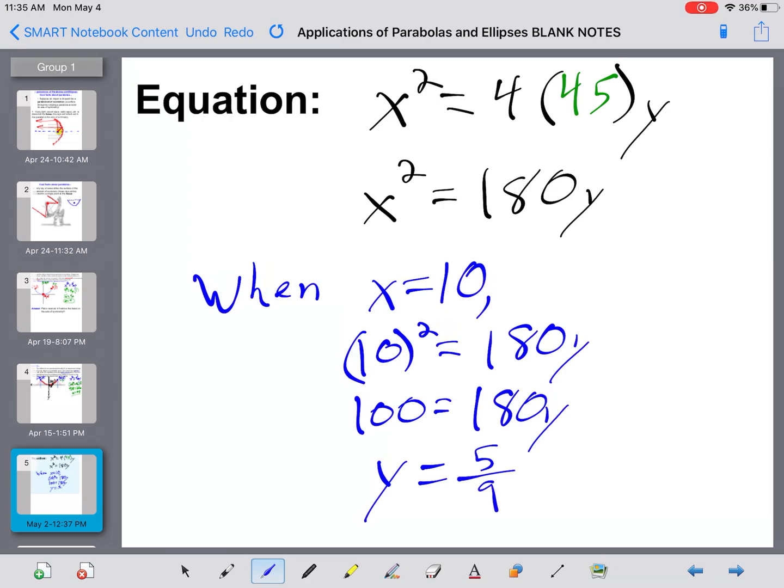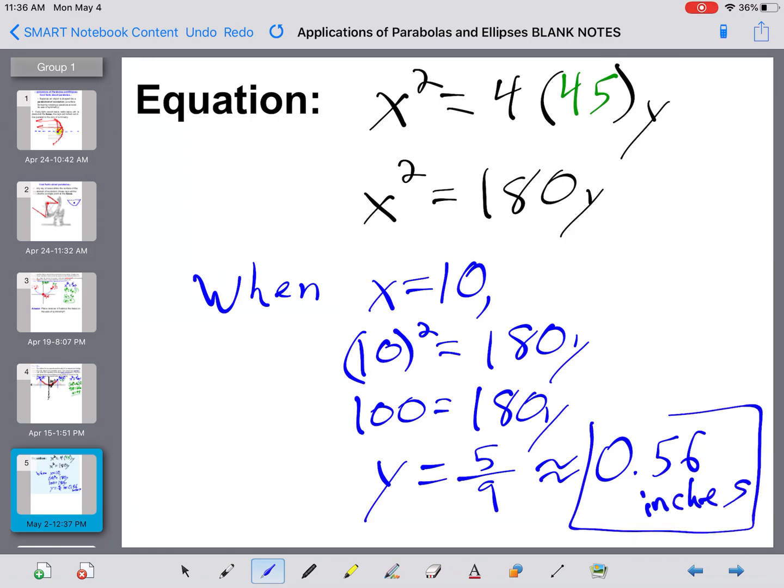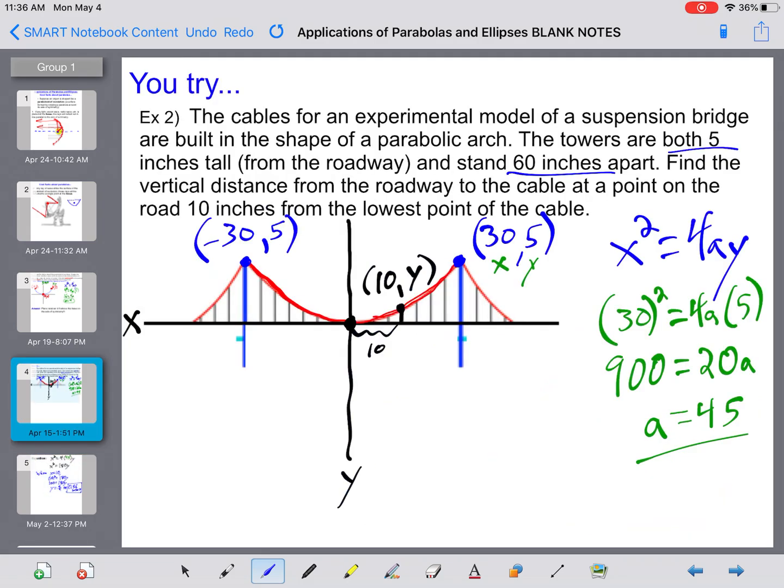Divide both sides by 180 and reduce it, and you get 5/9. That's an exact answer, but for this problem, it's good to get a decimal approximation. That rounds to 0.56, and we're talking about inches in this problem.